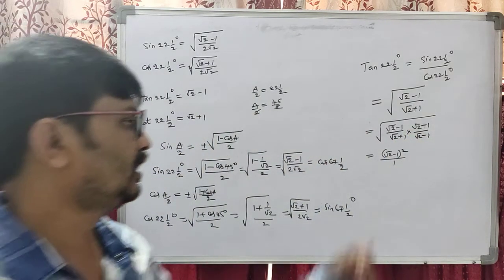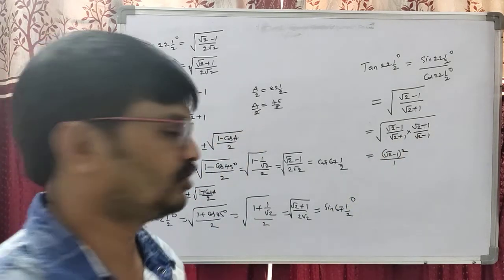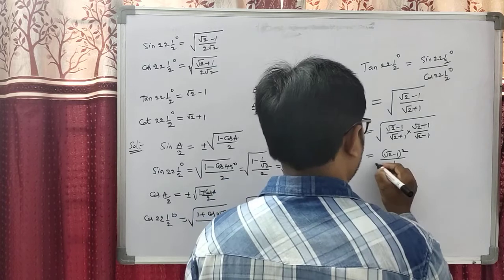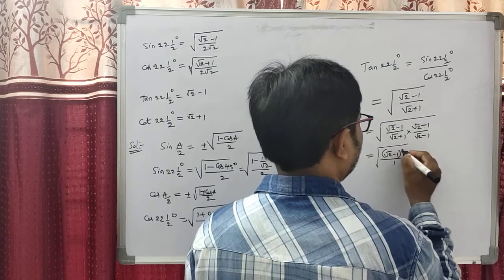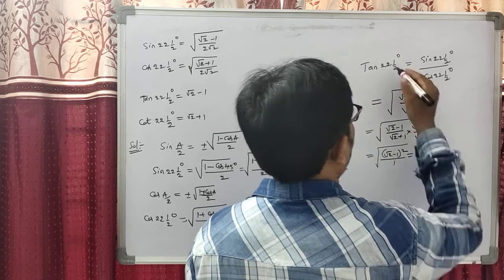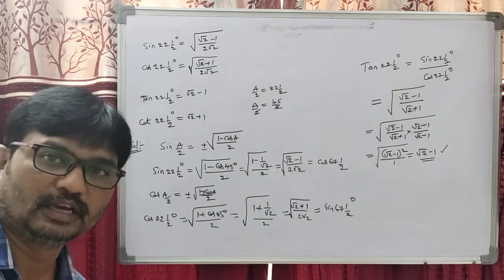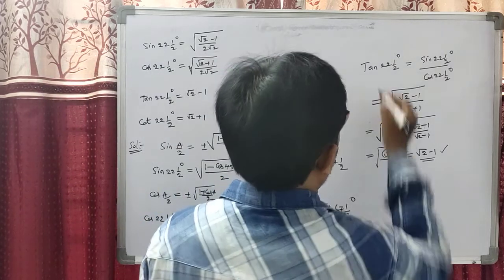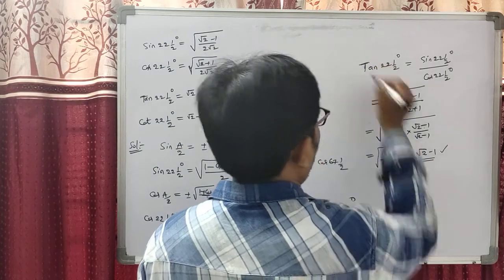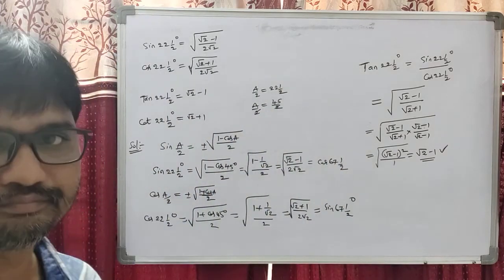What is it, students? a plus b into a minus b is a square minus b square, so 2 minus 1 is 1. Therefore, students, the square and the root cancel. Root 2 minus 1 is the value of tan 22 and a half degrees. This is the value, students: tan 22 and a half degrees is root 2 minus 1.